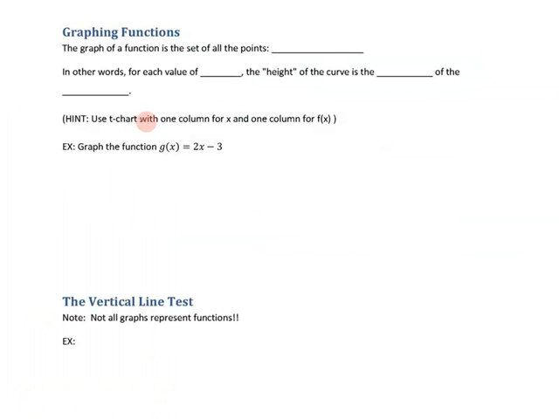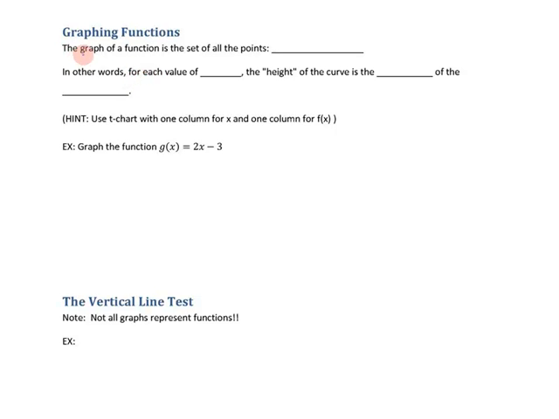Whenever we're given a function, say for example like this that we see in the example down below, g of x is equal to 2x minus 3, or we might be given a function of f of x or whatever variables may be involved. If we want to graph that function, we want to draw a picture that represents that function.